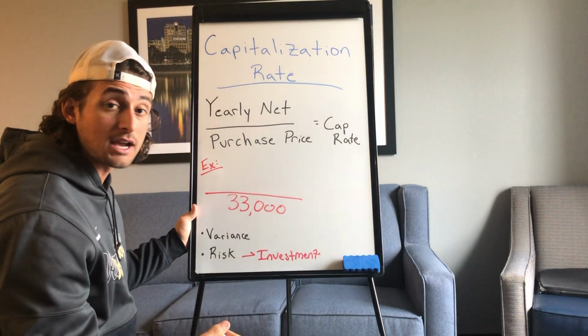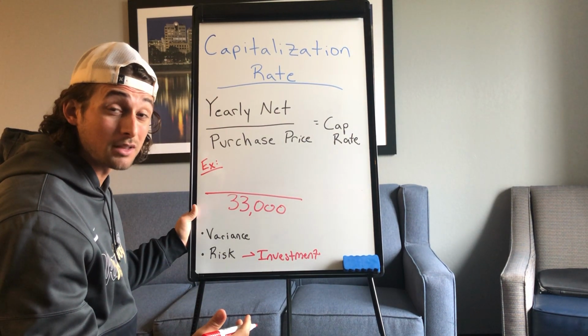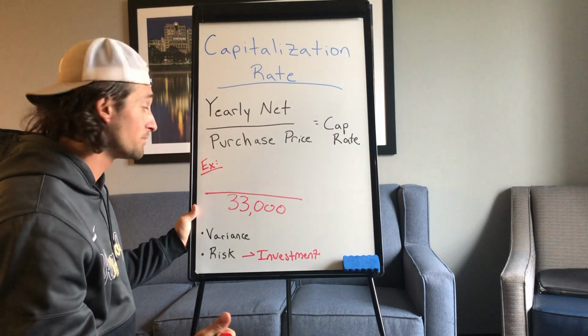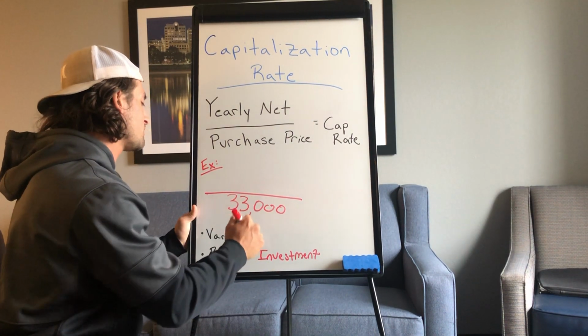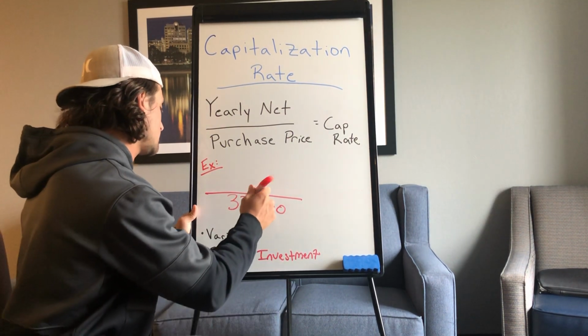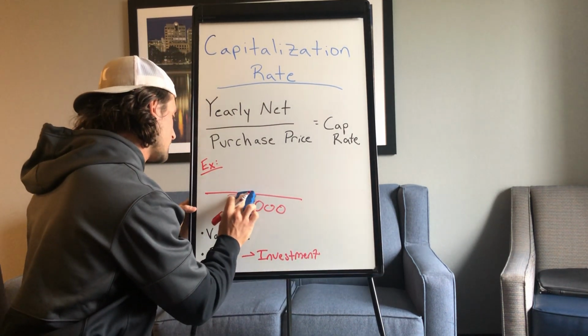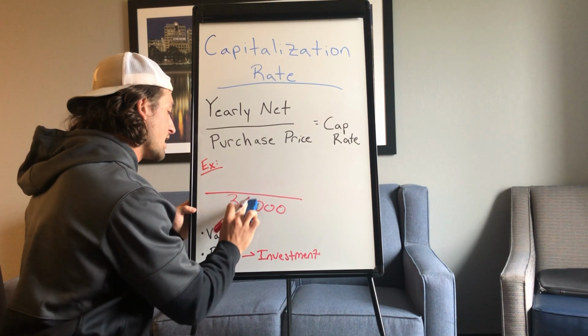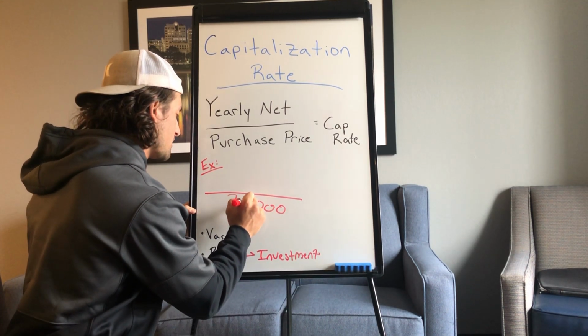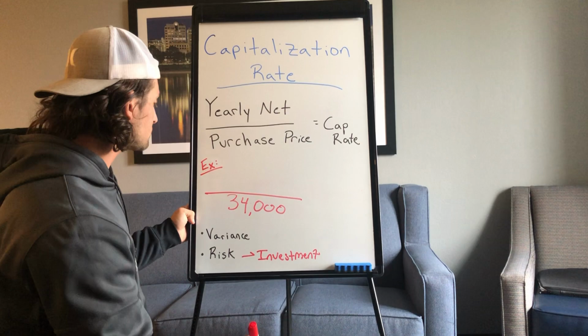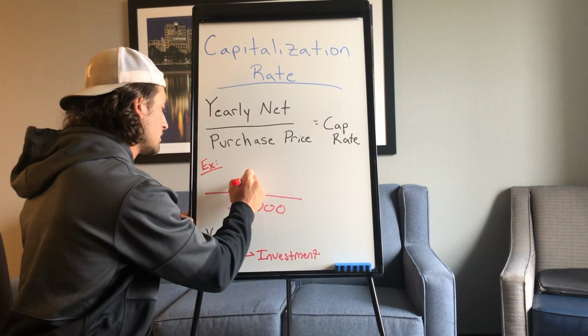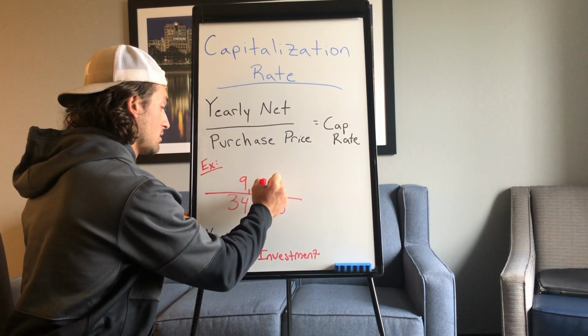This property cash flowed for $1,000 a month, okay? Pretty good, right? So we're at $12,000 a year. The net on it was actually all in 34. I apologize, it was 33.5. So it was $34,000. We'll round it up, and the net on that investment per year.